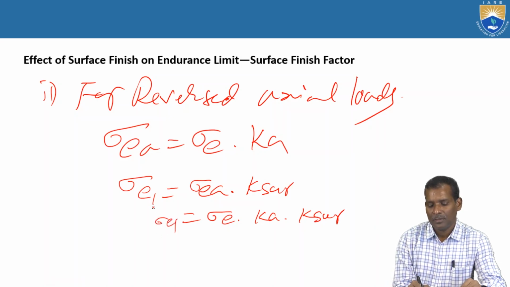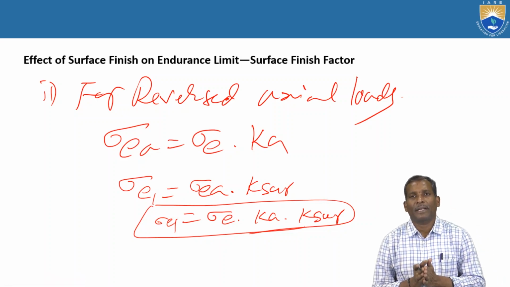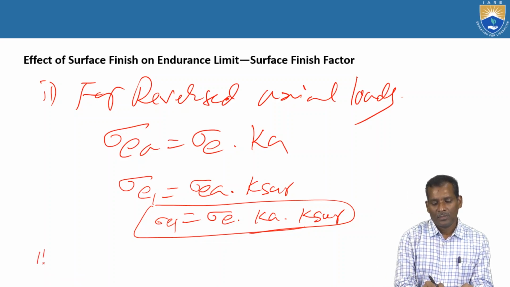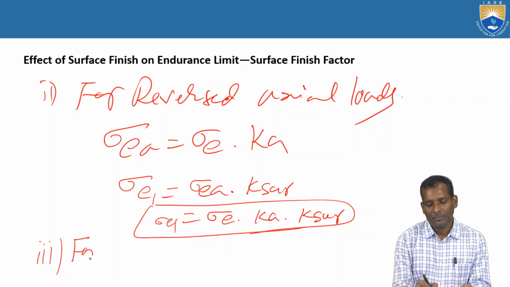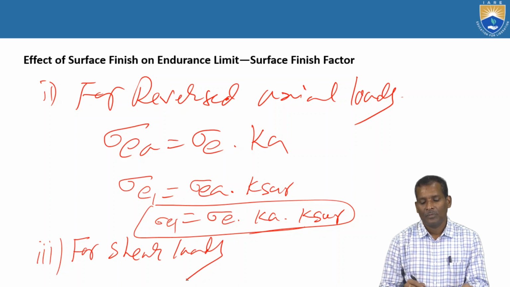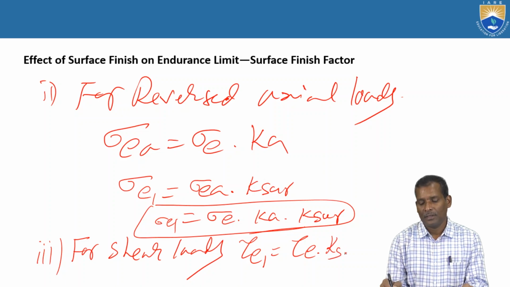You should multiply whatever load correction factors are given with the sigma E value. Similarly, third, for shear loads, tau E1 is equal to tau E multiplied with K shear factor and K surface finish factor.